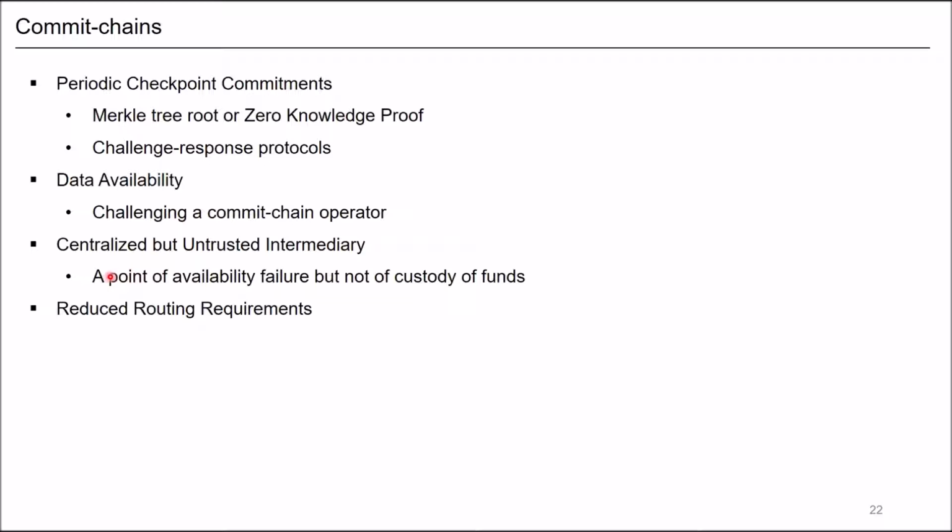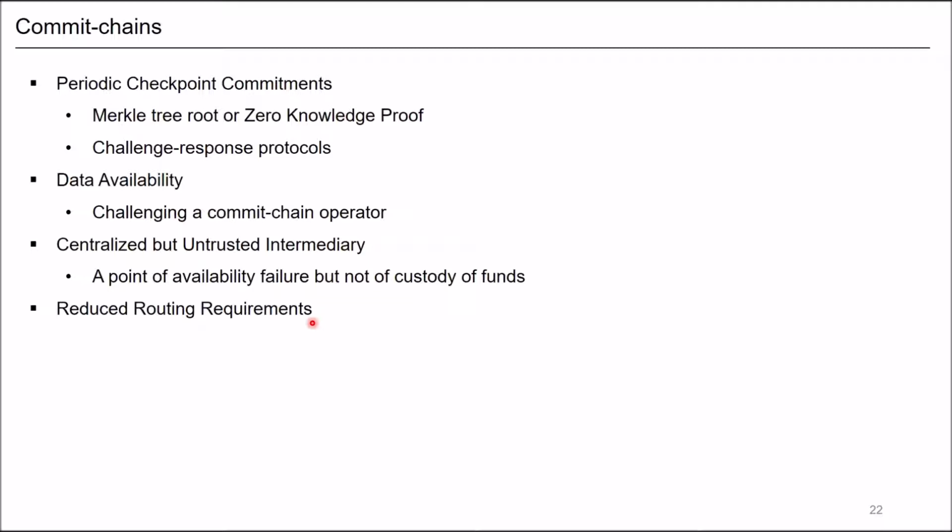The centralized operator may become a point of availability failure, but not of custody of funds. The operator may thus censor commit chain transactions, encouraging a mistreated user to exit any time and move toward another commit chain. The last one is reduced routing requirements.